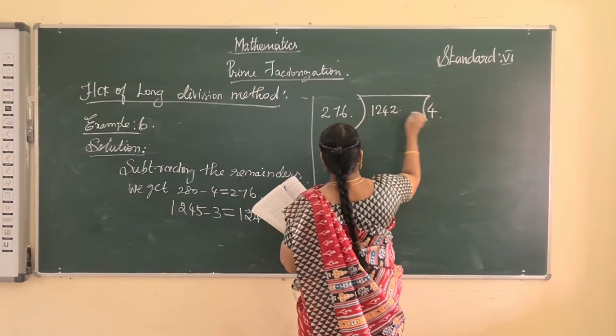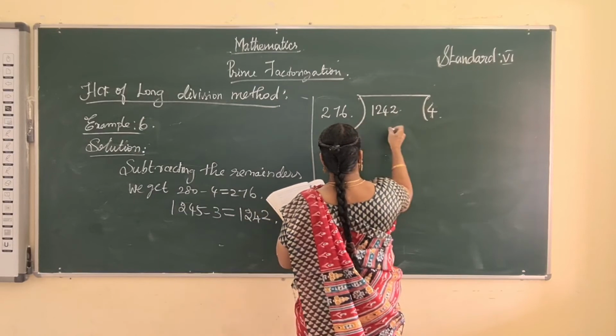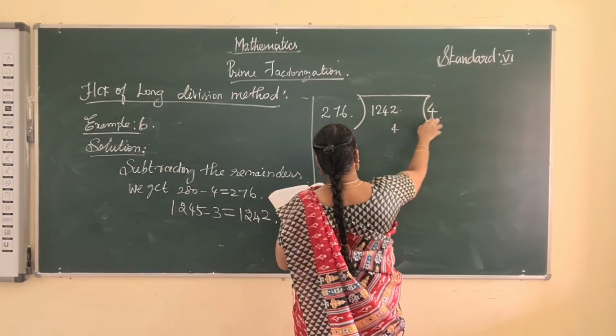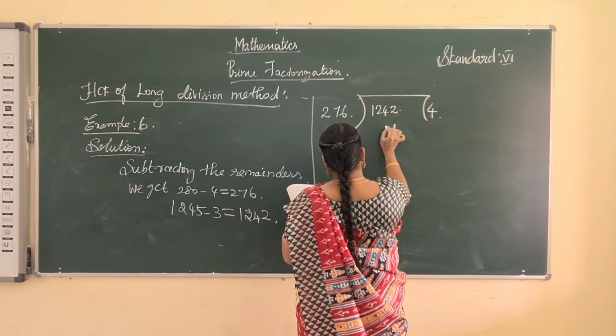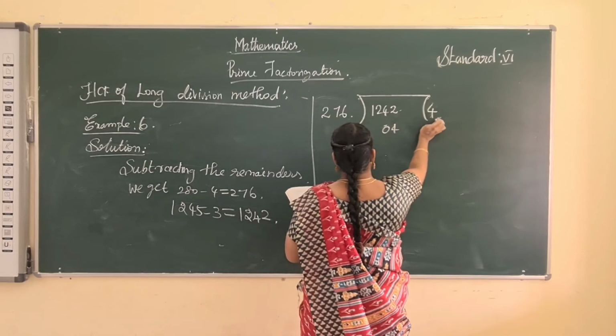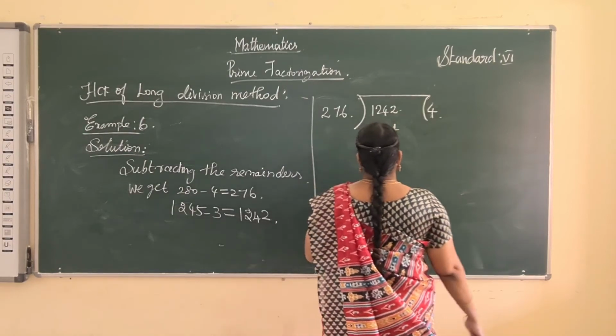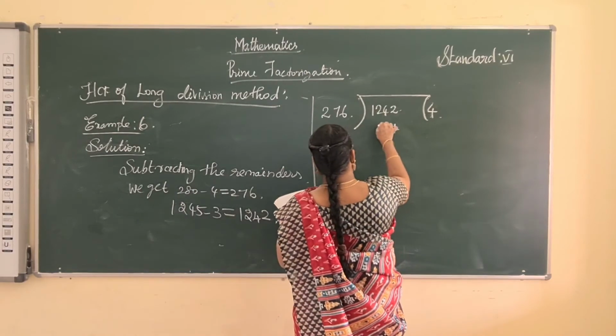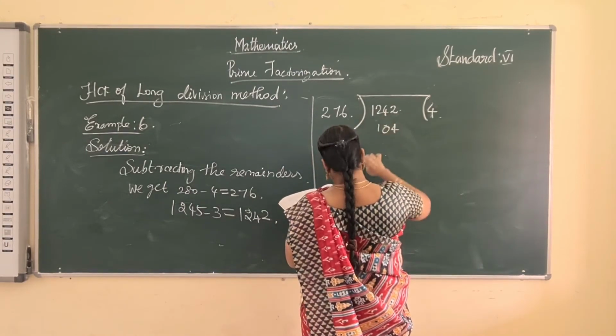We get 4 6s are 24, 1, 2, 4 4s are 16, 16 plus 9, 10, 0, and 4 2s are 8. So 8 plus 3, 11, 1.